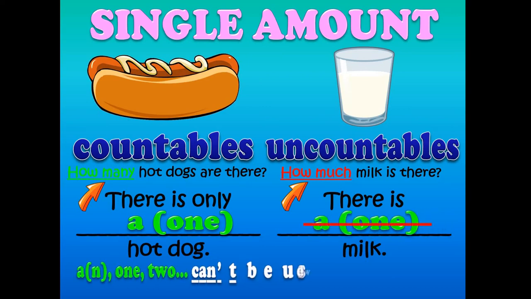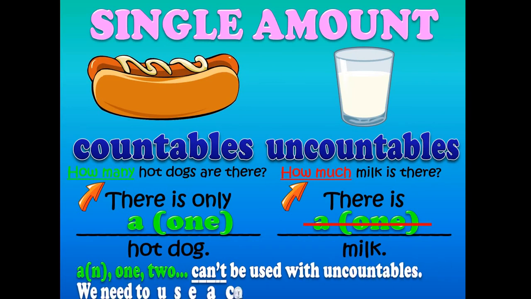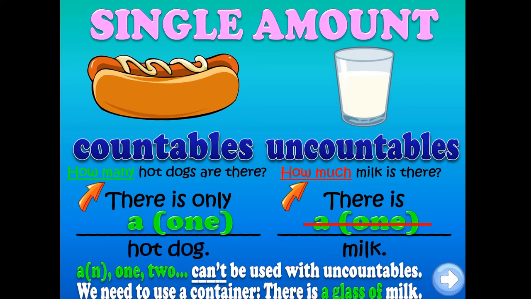So don't use a milk, don't use one milk. Instead, we can use a glass of milk. To use numbers, we can use containers. You can say, I have a bag of rice. I have 2 bags of rice. But you can't say, I have 2 rice. Is it clear? Good.